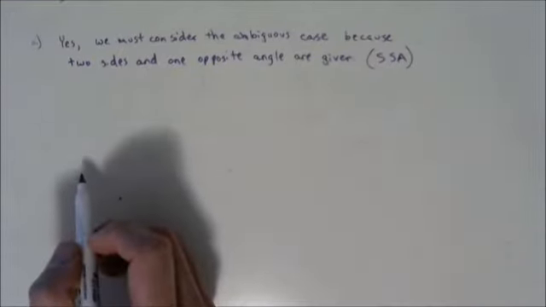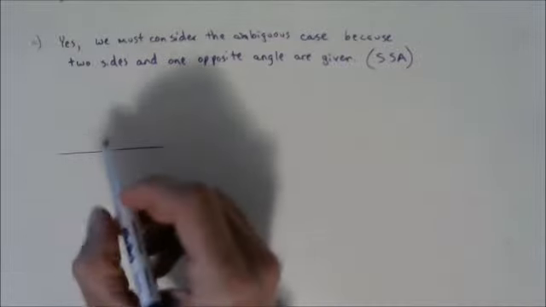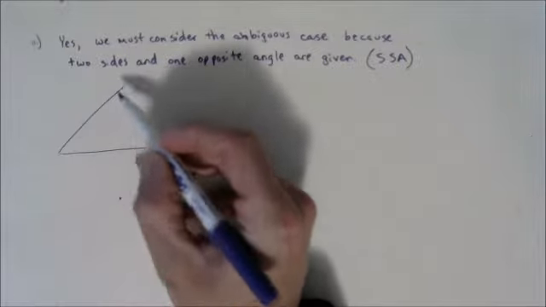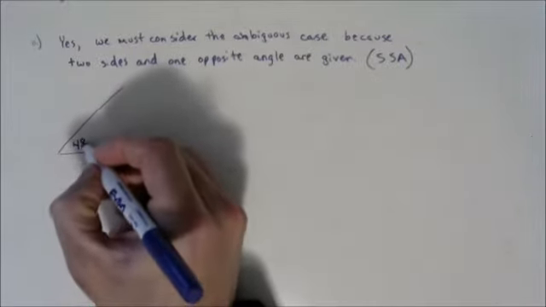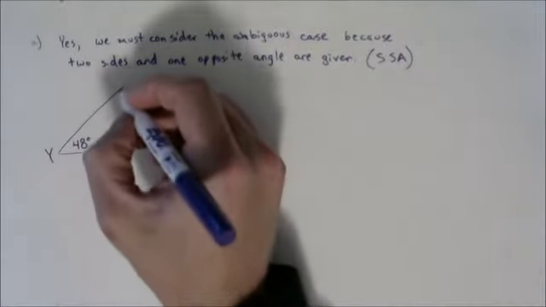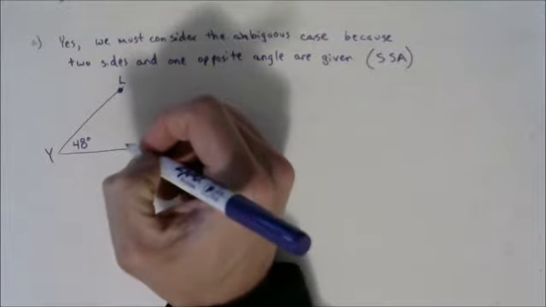Again, we're going to start with the angle that we know, which is Y. I'm going to start with a flat line because it's easy to draw from. 48 degrees, something like that. That was angle Y. And we can go with angle L up here. That's going to be the lighthouse.